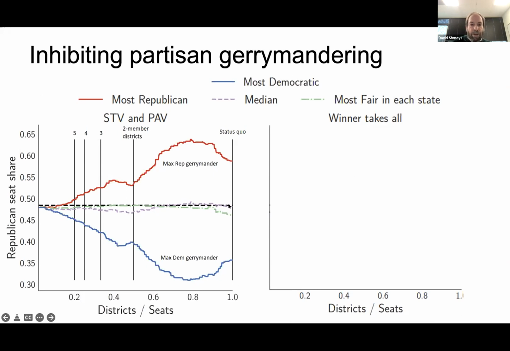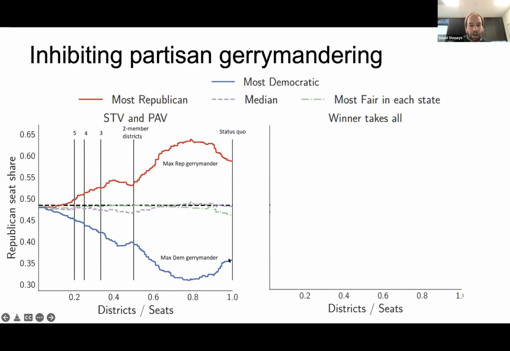It's a little under 50%. If you look at taking the most fair solution in each state, and averaging over that state, this is about where things come up. And this is, again, fairness by proportionality, using the tools that I talked about in the first part of the talk. And I've lost my mouse.